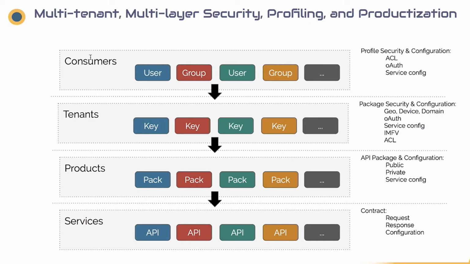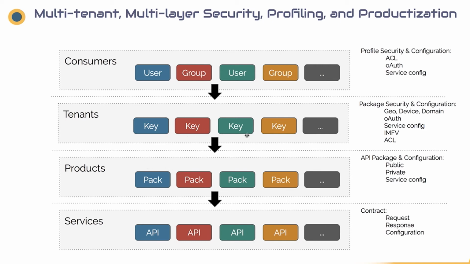Let me show you a diagram that illustrates the power of SOAJS multi-tenancy. The services layer consists of the deployed APIs and their corresponding contract. The products layer is the productization and packaging layer on top of these APIs, where you can decide which is public, which is private, and you can have a different configuration per package.